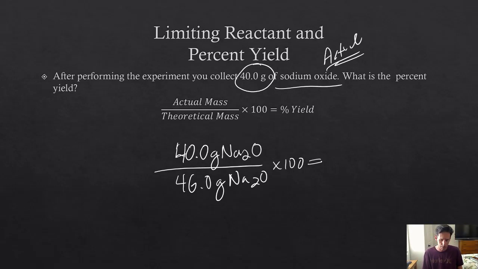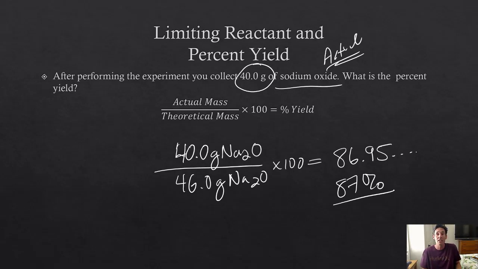So I take 40 divided by 46, multiply that by 100, and I end up with a value of 86.95 and so on, which really comes down to about 87%. Basically, what it's saying is that I got 87% of the product.